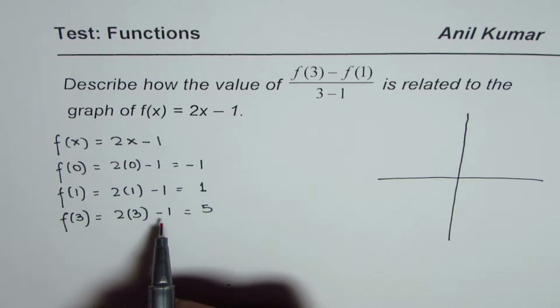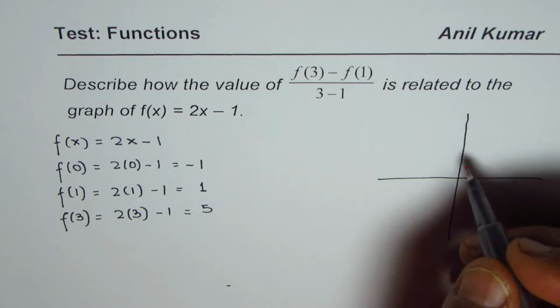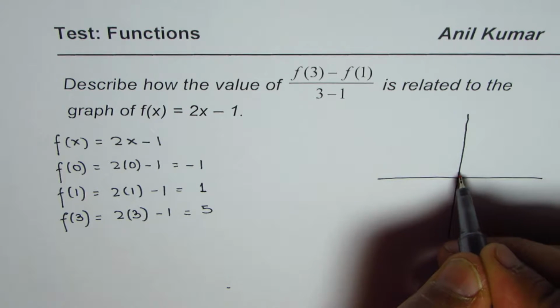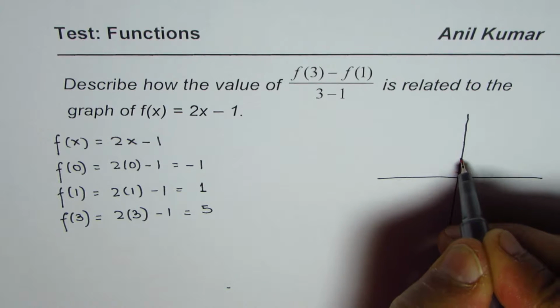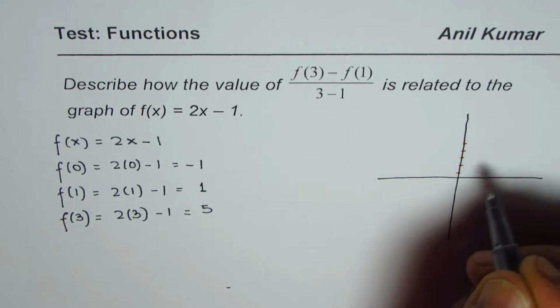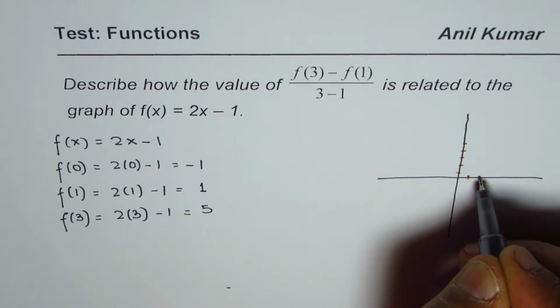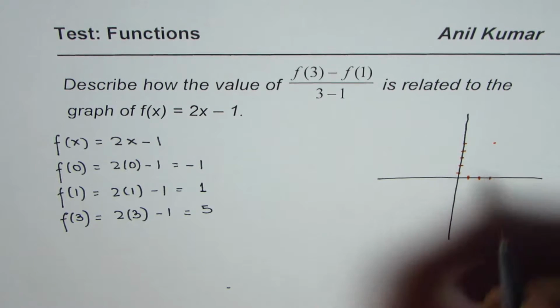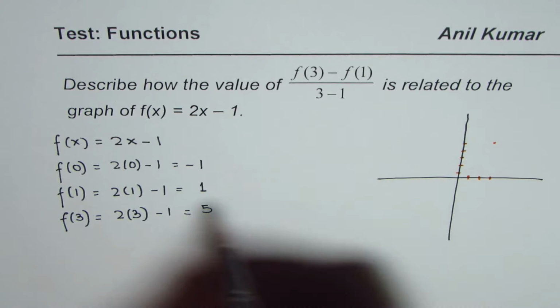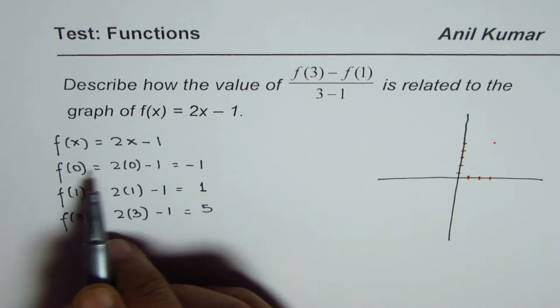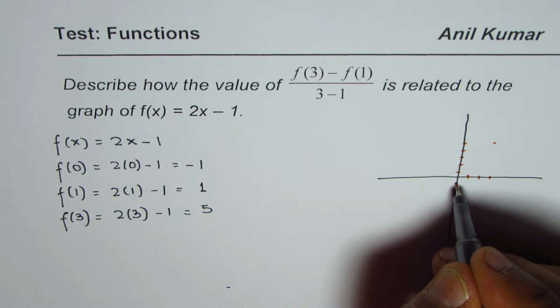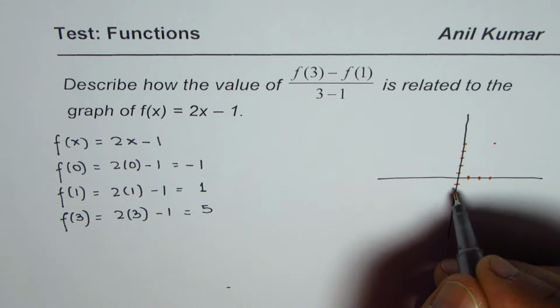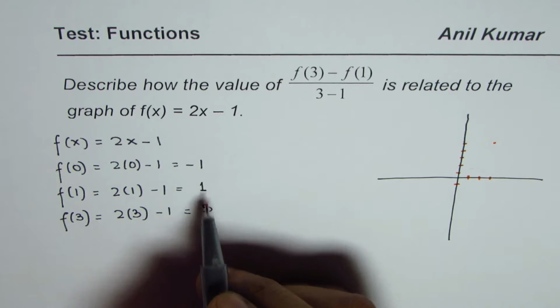So we have (3, 5), so the maximum value we are looking for is 5. Let us say 1, 2, 3, 4, 5, and then 1, 2, 3. So 3 and 5 will be a point about there. We know the y-intercept is −1, so this is −1, and at 1, it is 1.